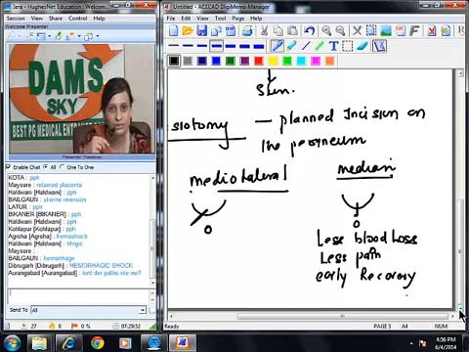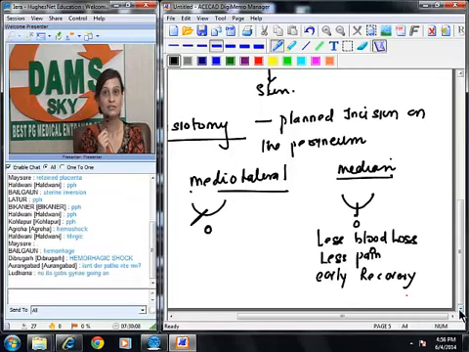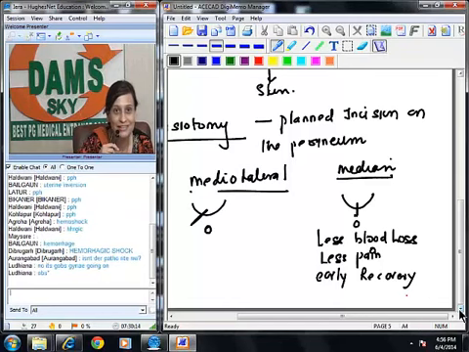What are you writing, Aurangabad? I couldn't understand what you're writing. I think there is some confusion with the Aurangabad center.